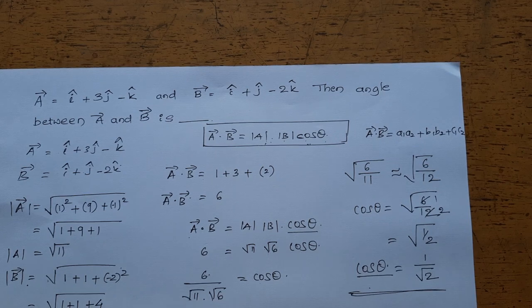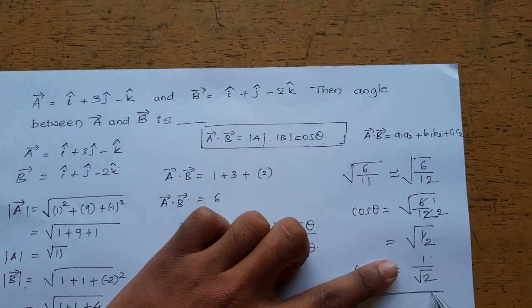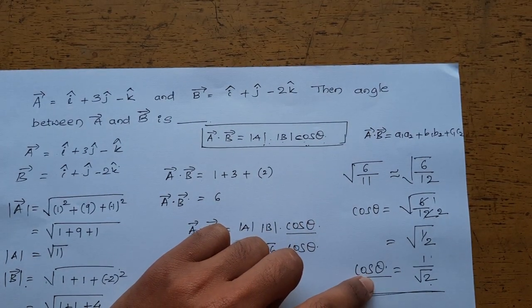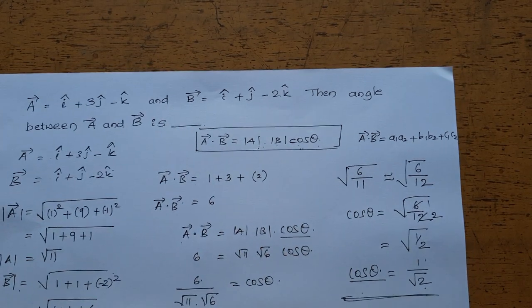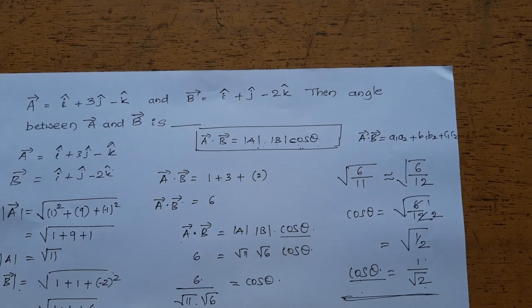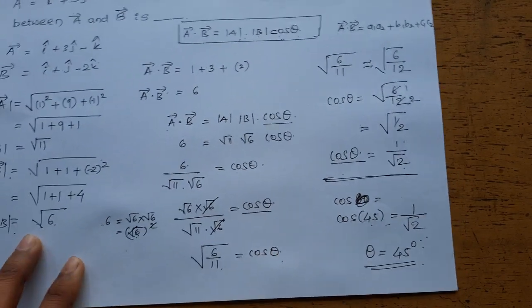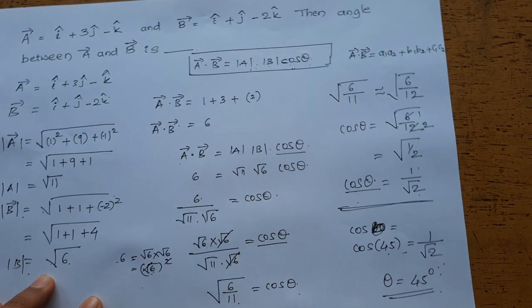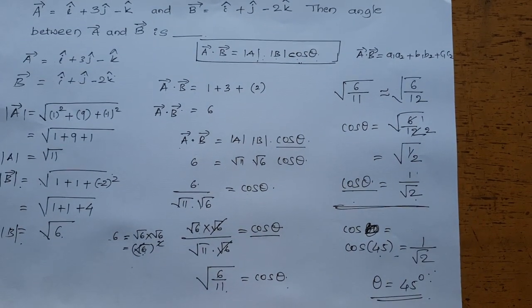Therefore this theta is equal to 45 degrees. When will it be 1 by root 2? When cos 45 is equal to 1 by root 2. Therefore theta is equal to 45 degrees. Okay, so this is how we have to find the angle between two given vectors. Okay, fine. In some problems we will see in another video.